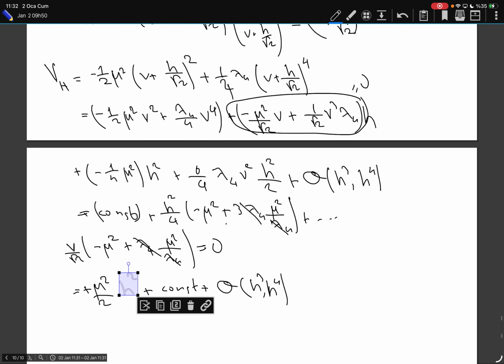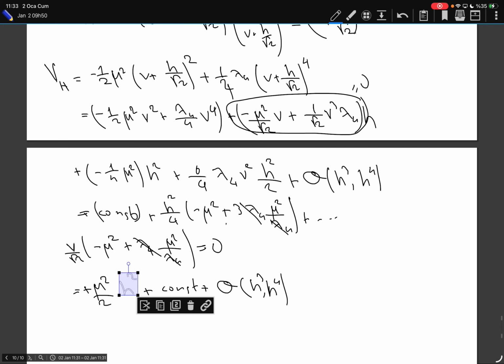So that field has a mass and self-interactions. The other 3 fields are massless. They don't appear in the potential, they don't have a mass term. So effectively their mass term is 0. Those would have been called Goldstone bosons.